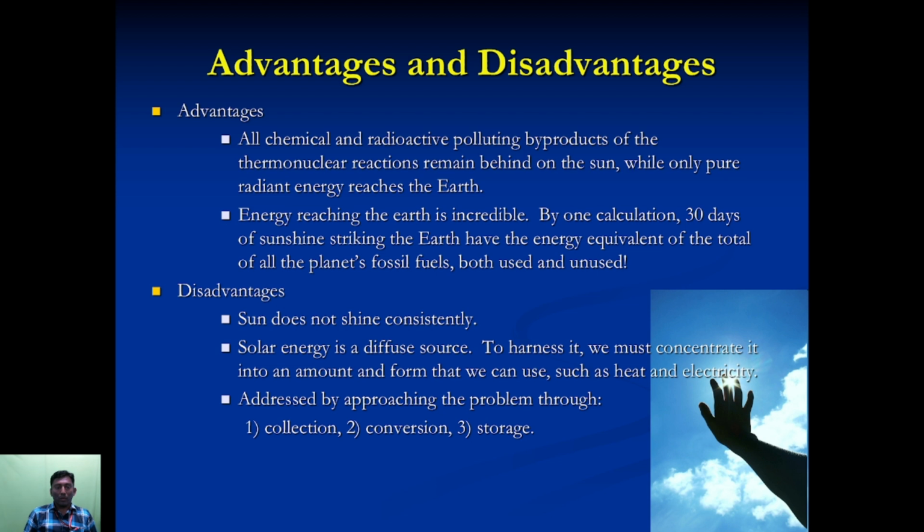Now we will see some advantages and disadvantages of solar energy. The main advantage is that all chemical and radioactive polluting byproducts of the thermonuclear reactions, that we discussed in the previous slide, remain behind on the sun.